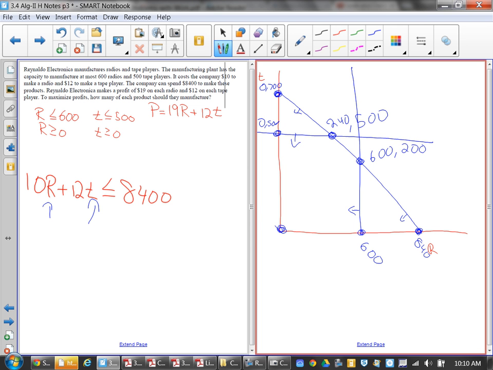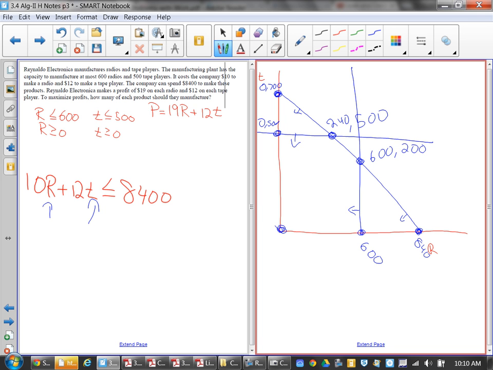So you've got those five points to test. When you test those 5 points, you'll be able to figure out what the maximum number of each one would be to sell or to manufacture. Does that make sense how I set that up? So what do you do next?